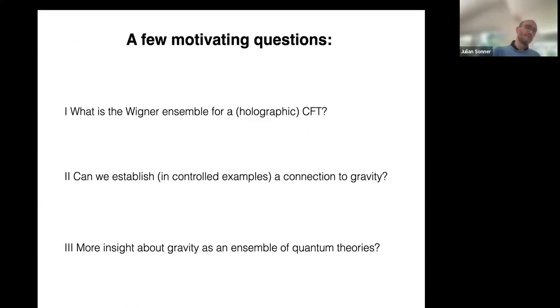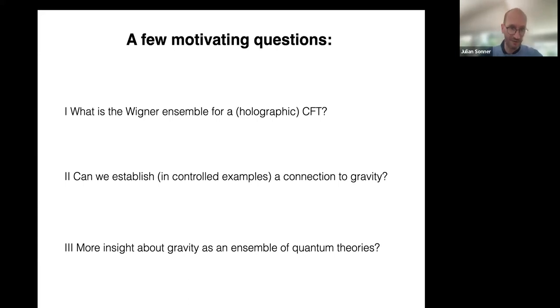So now the more specific motivating questions. I gave the big motivating questions at the beginning; here are some more specific ones. In other words, what is the Wigner ensemble for a holographic conformal field theory? We have strong reason to believe that holographic CFTs are chaotic systems, but they are very special chaotic systems. Can we say something about how their random matrix type description should work?